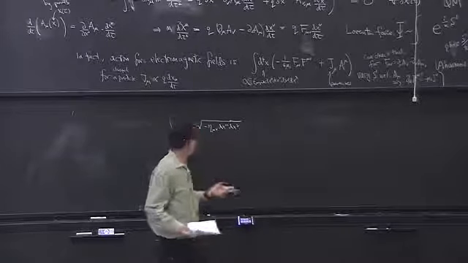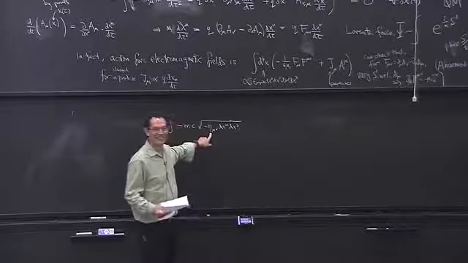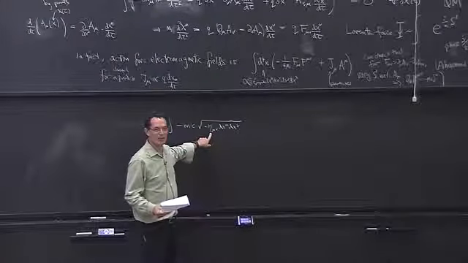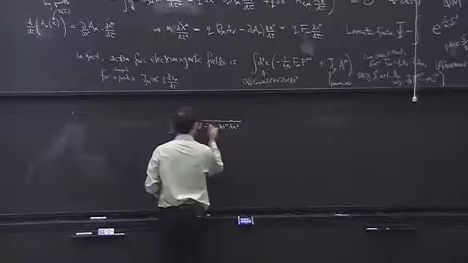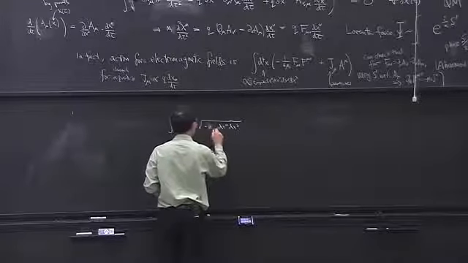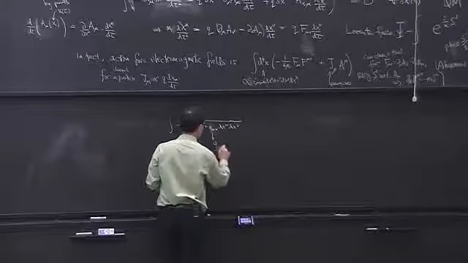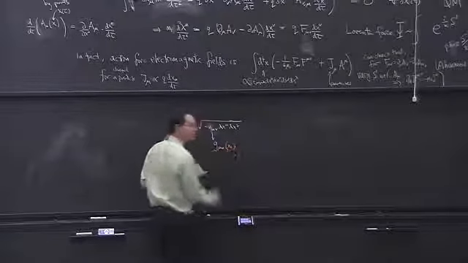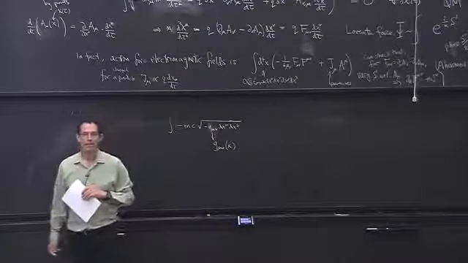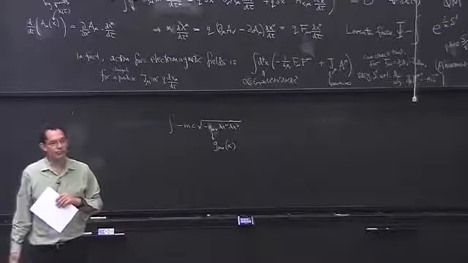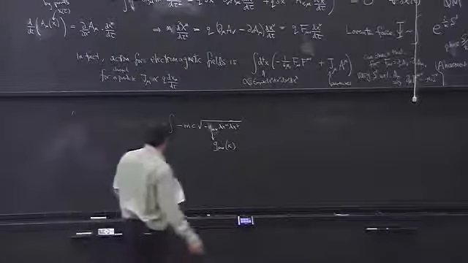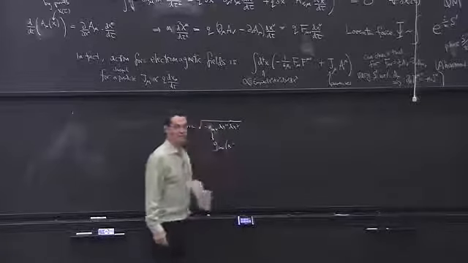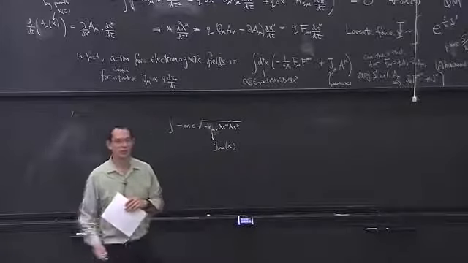But there's one sitting there already. So why don't we just change this guy? That's all gravity is: eta mu nu changes to g mu nu, which is a function of x. So already in the point particle action there's a suggestion as to how to couple the particle to gravity.